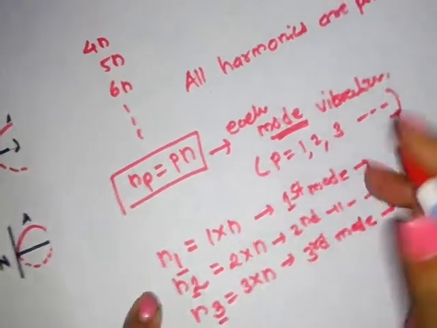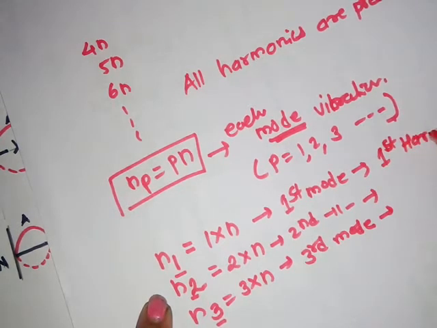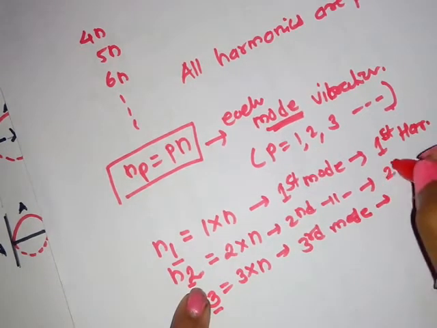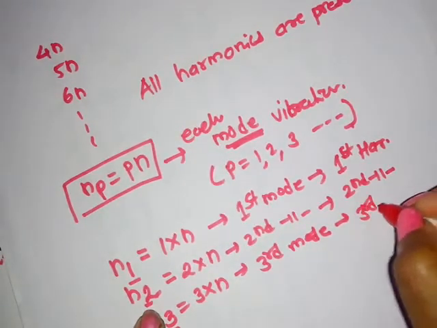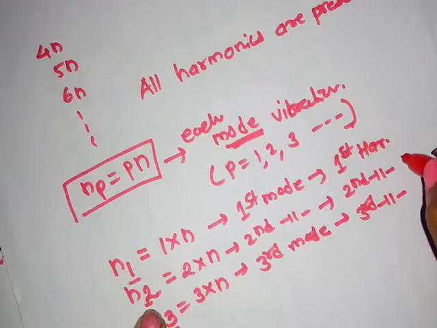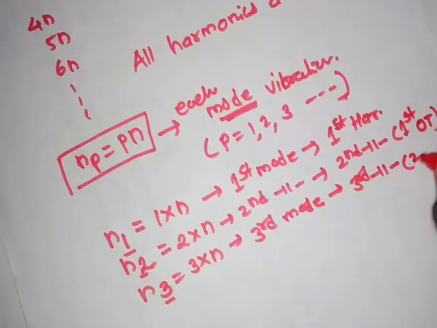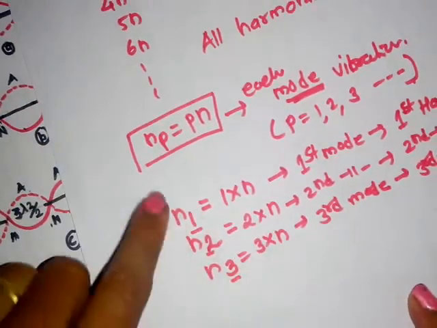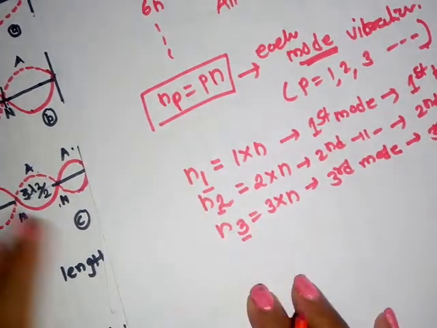Now 1n is the first harmonic, 2n is the second harmonic and 3n is the third harmonic, and the second harmonic is the first overtone and the third harmonic is the second overtone. In this way, 1, 2, 3 represent the mode of vibration.